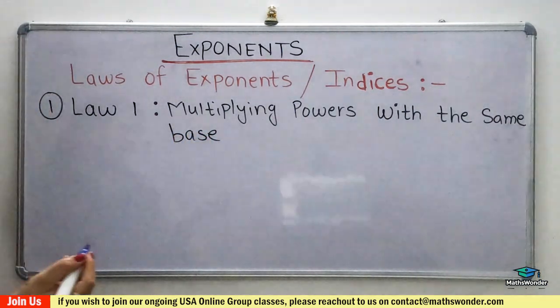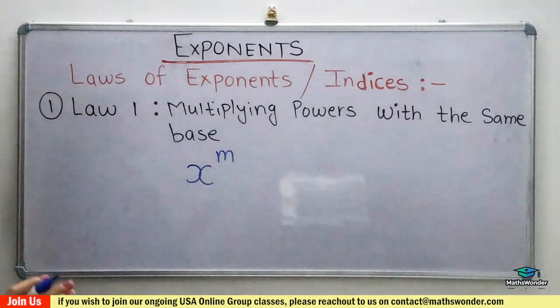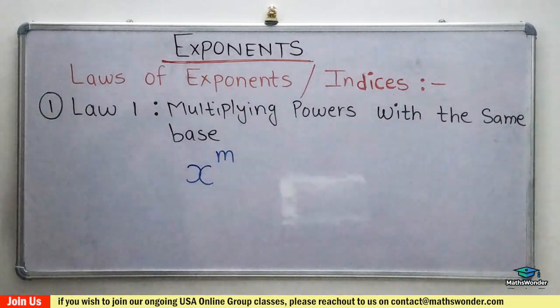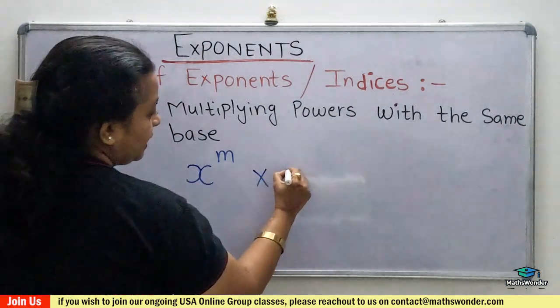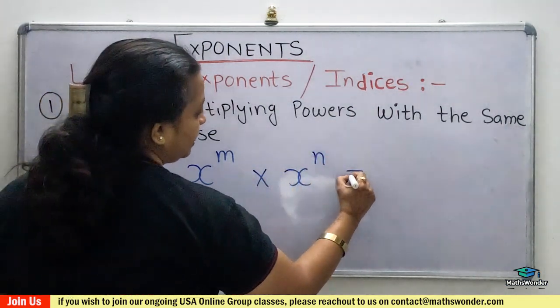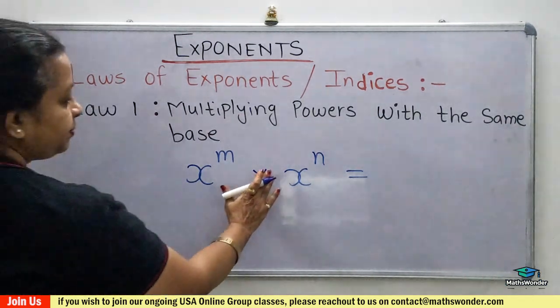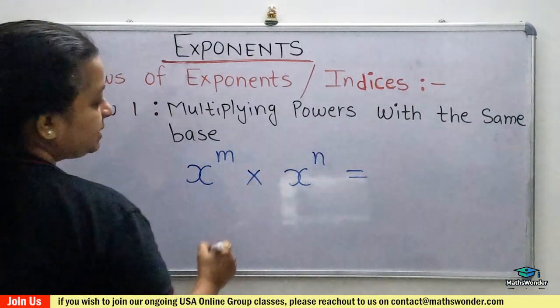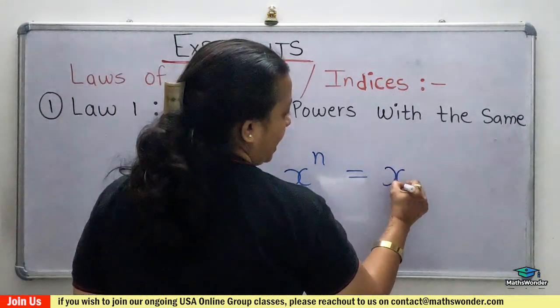For example, x raised to the power m. I am giving the format first, then we'll do examples based on the law. x raised to the power m times x raised to the power n. See, when your bases are the same, exponents will be added.